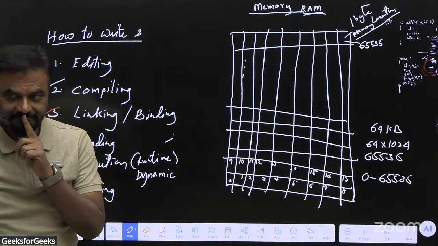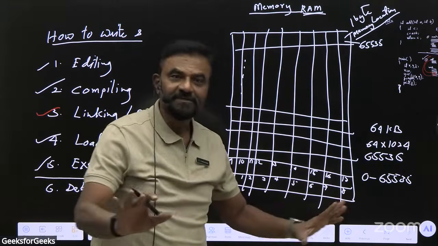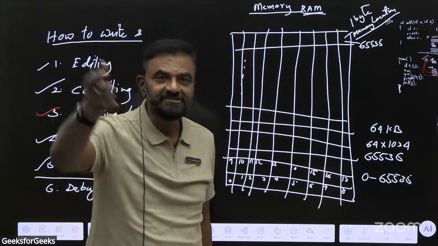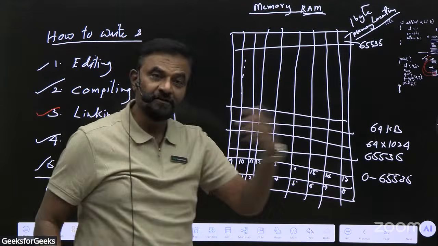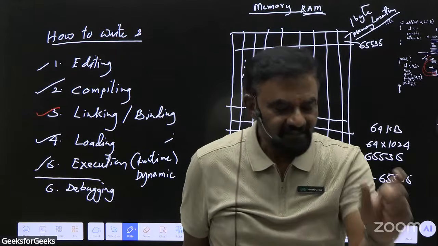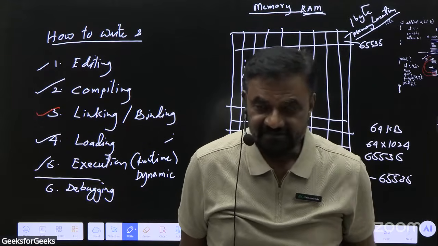Understood this one? So we assume that 64 kilobytes is the RAM size. Now we have GBs, but in the early stage, in the beginning of computers, the size of the RAM was 64 kilobytes.